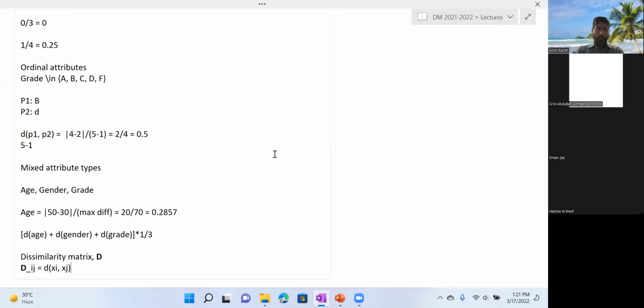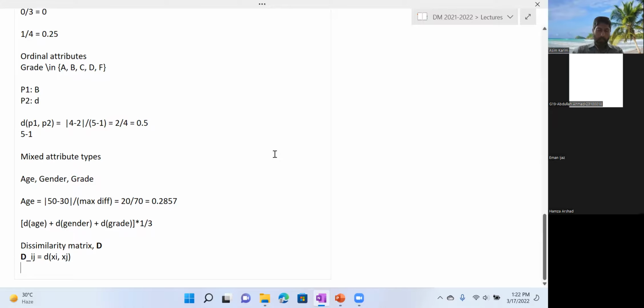And if your function D is a metric, then this matrix would be symmetric, because as you know, d(xi, xj) and d(xj, xi) would be the same. Okay. So this matrix would be of what size? N objects by N matrix.